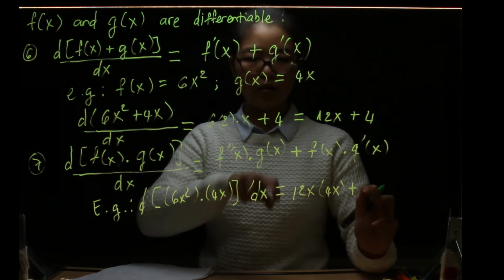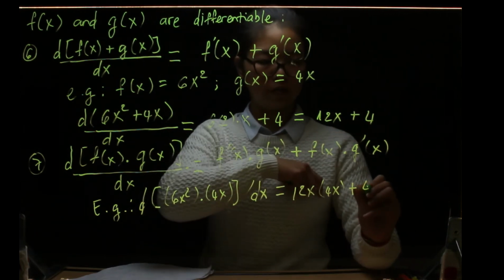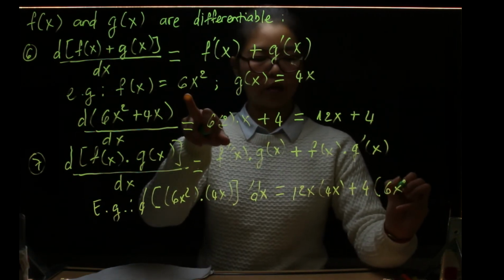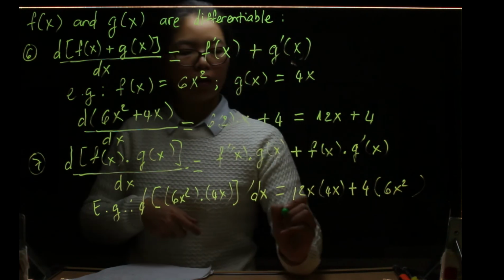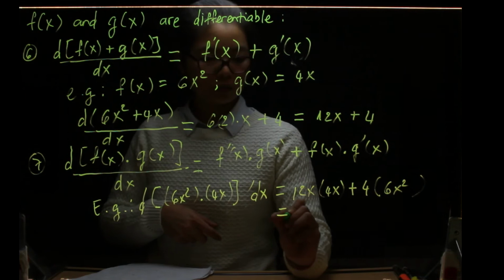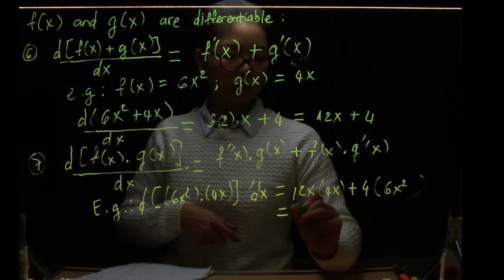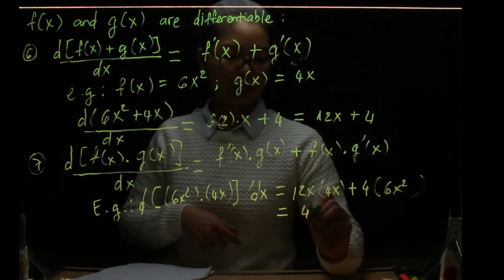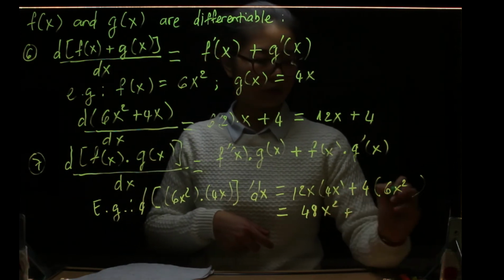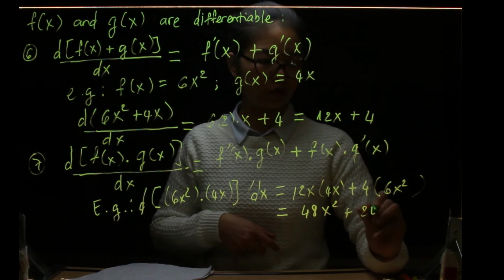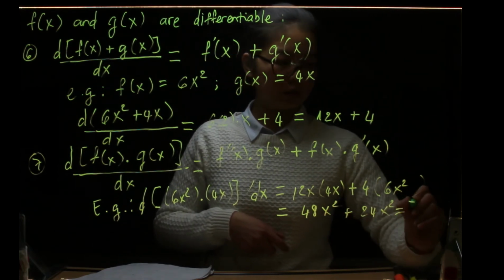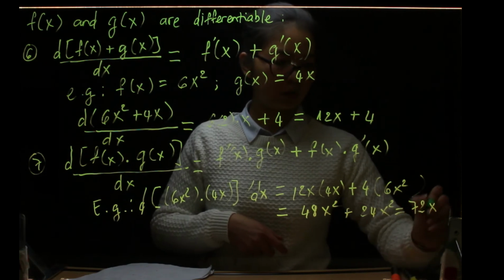Then plus the derivative of the second one, 4, times the first one, 6x squared, right? Equal to 12 times 4, 48, x squared, plus 4 times 6, 24, x squared, which is 72x squared.